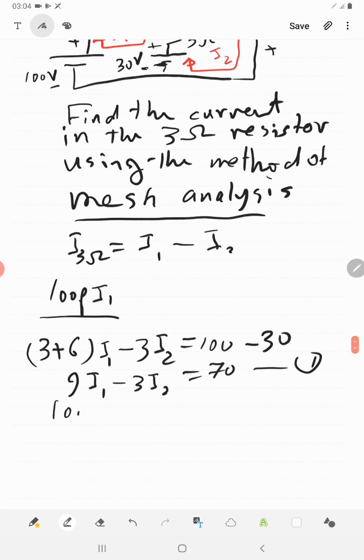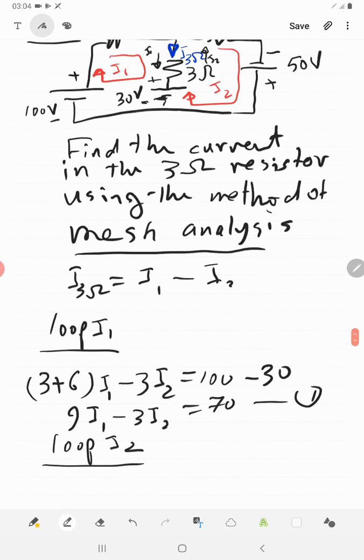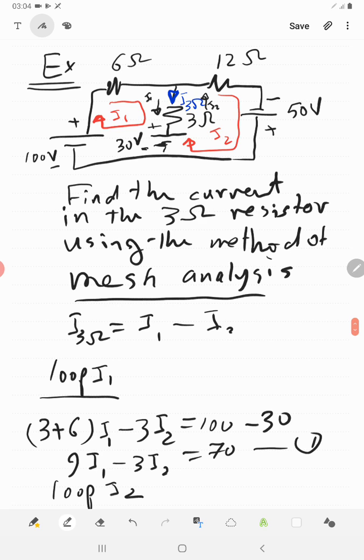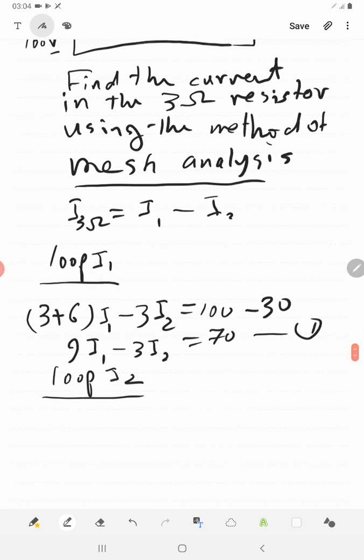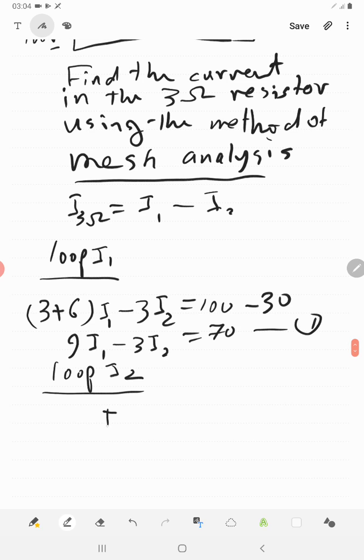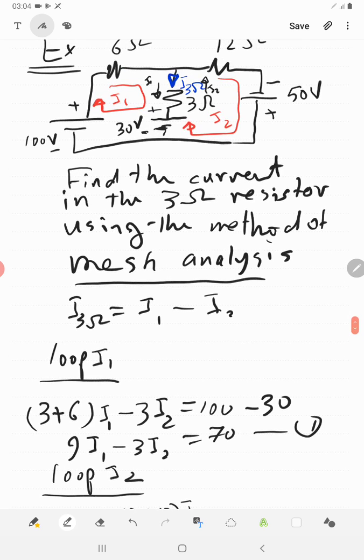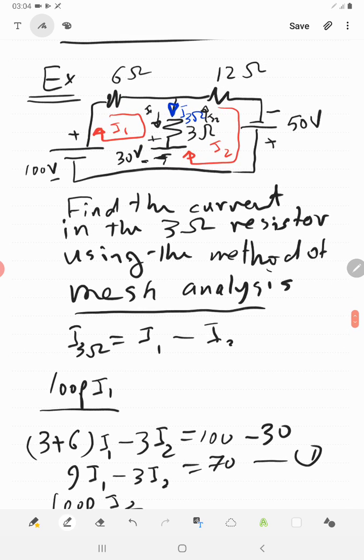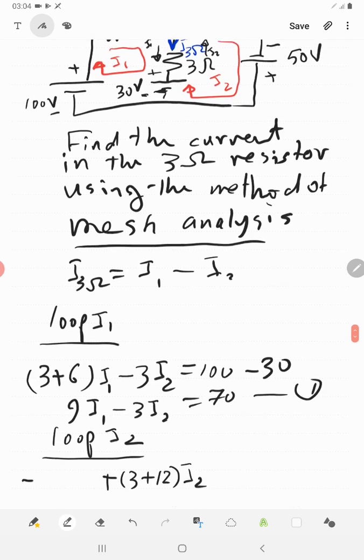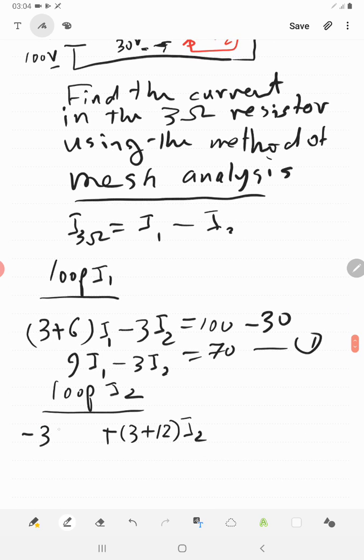Now we go to loop I2. What do we have? 3 and 12. So we say plus 3 plus 12 I2 minus. I2 shares I1 with the 3 ohms resistor, so minus 3 I1 equal to.